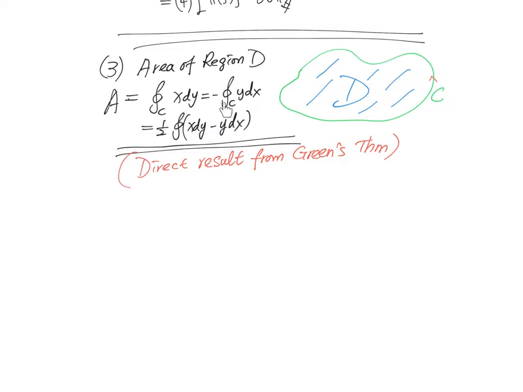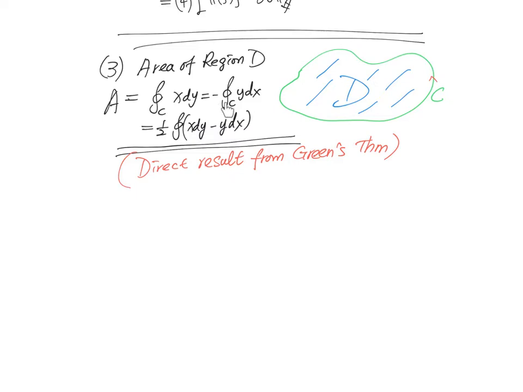In the same manner, this is minus y dx. That means P equals minus y and Q equals 0. So Qx is 0 and Py equals minus 1.